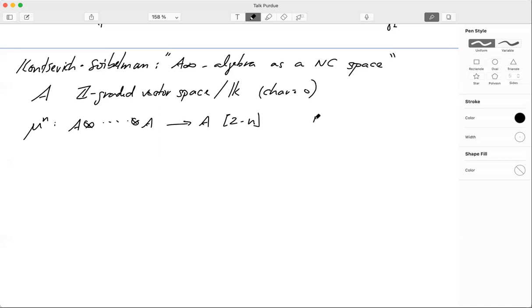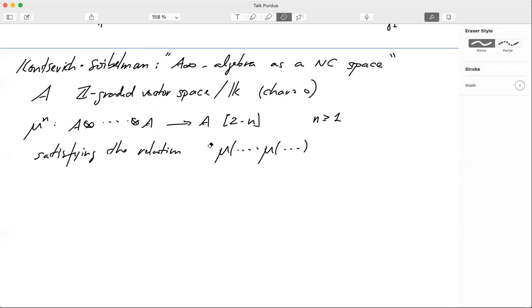I'm going to take n to be greater or equal to 1, so there's no curved A infinity algebra structure, and the maps satisfy a relation. I'm going to write very schematically. This field has minus signs everywhere.